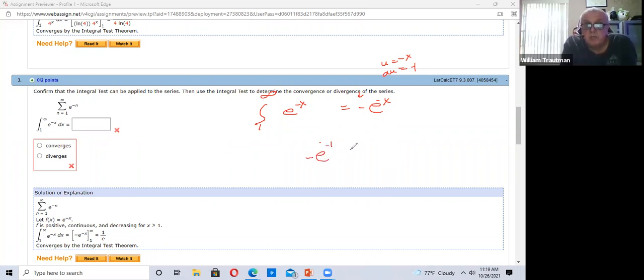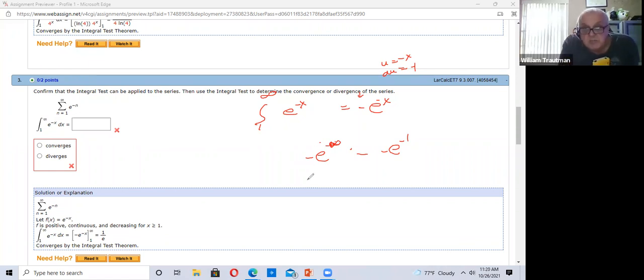we got to plug infinity first. Minus negative e to the -1. This approaches negative e to the negative infinity, which approaches 0.